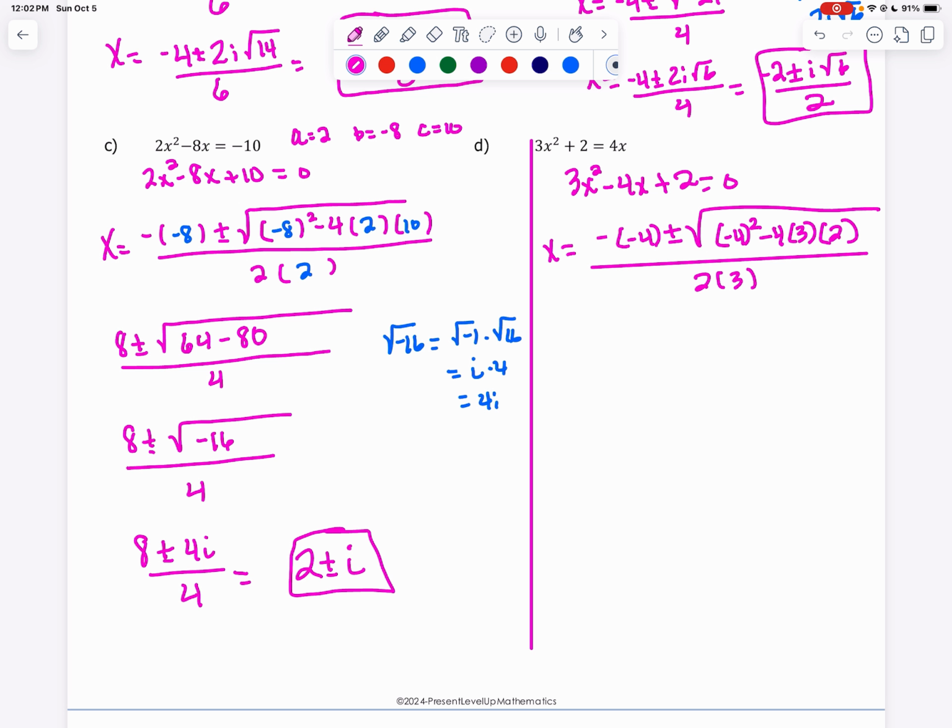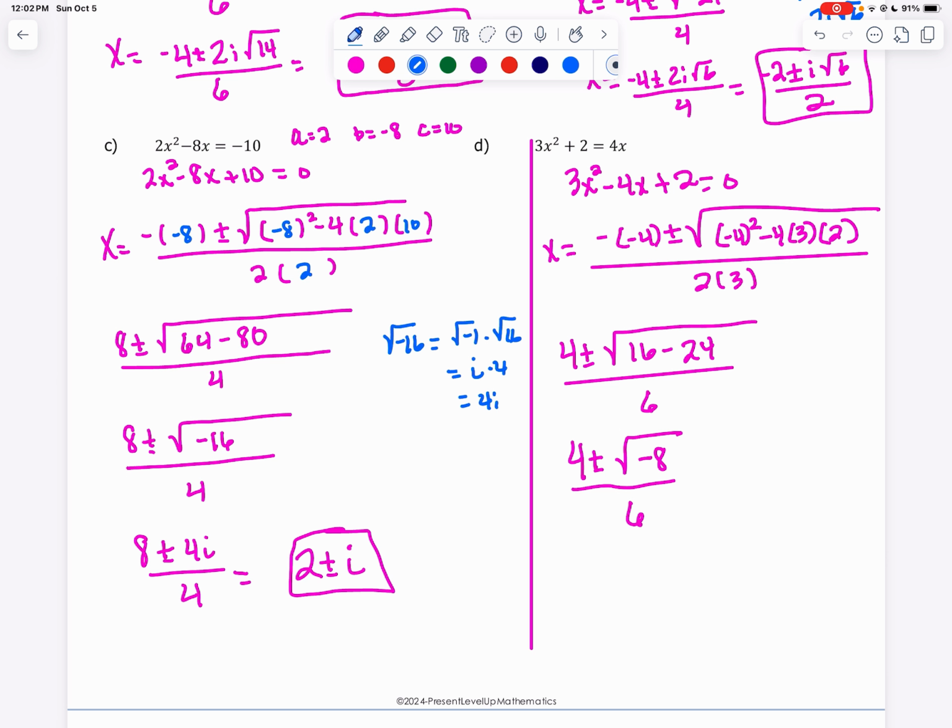So the opposite of negative 4 is positive 4 plus or minus 16. 4 times 3 is 12. 12 times 2 is 24 all over 6. So 4 plus or minus square root negative 8 over 6.